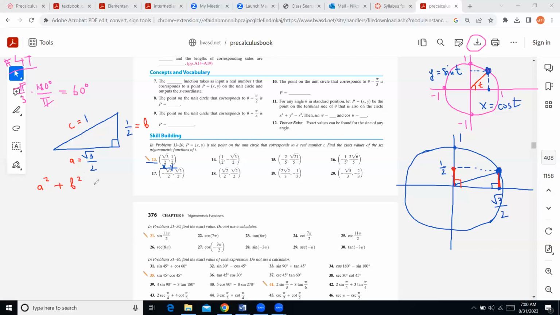A squared plus B squared is equal to what? C squared, right? If you don't remember it, then, well, look at it. That's something that we are going to utilize here.